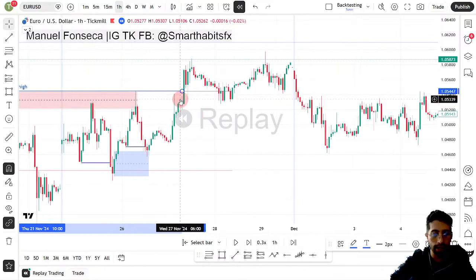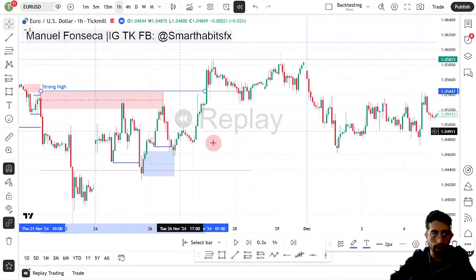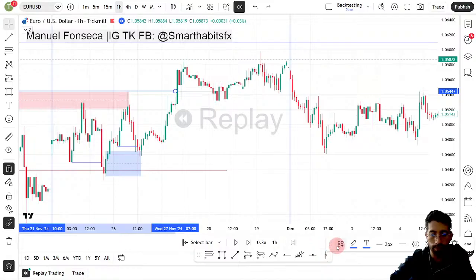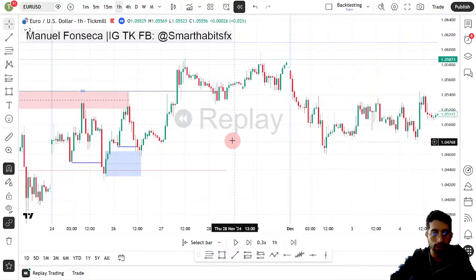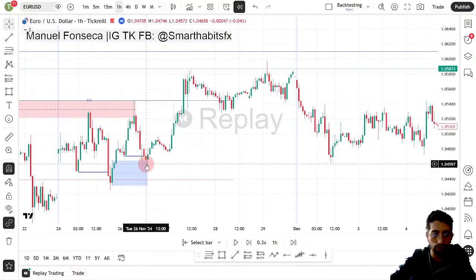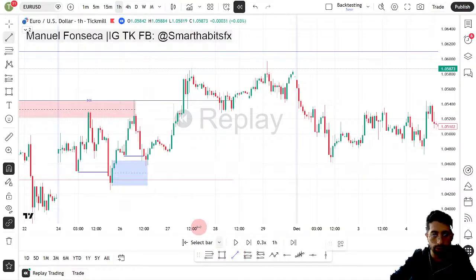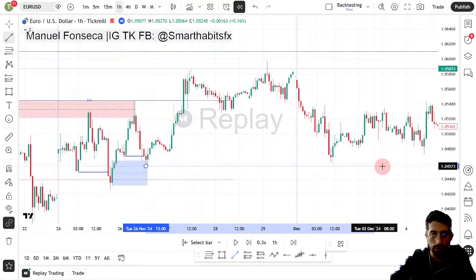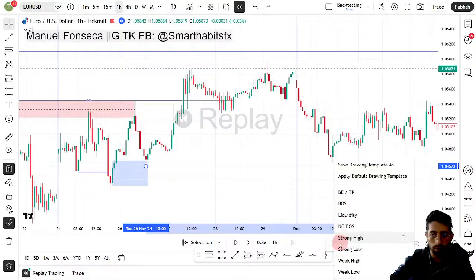Now the swing high becomes, sorry, the strong high becomes a break of structure, a BOS, which means that this new low becomes our strong low, right? And after this BOS, with a very clear body of a candle, right? Strong low.